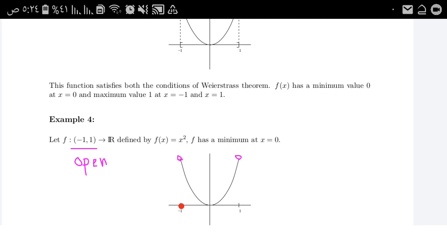In example 3, the interval is closed, and in example 4, this interval is open.